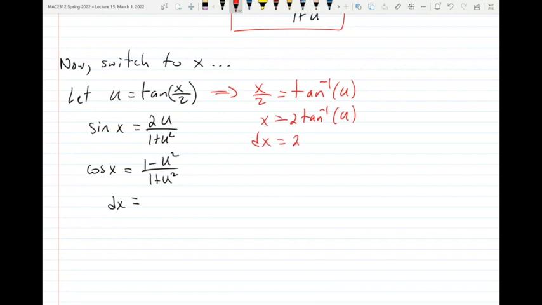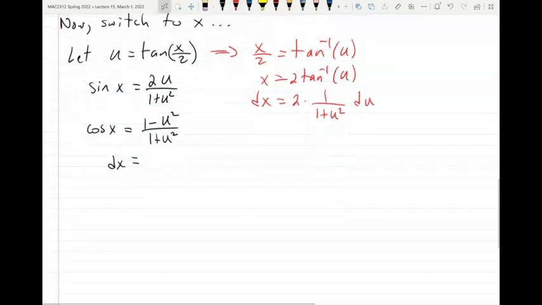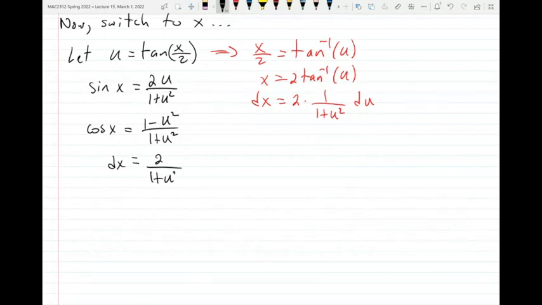So dx is 2 times the derivative of inverse tangent, which is a rational expression, du.